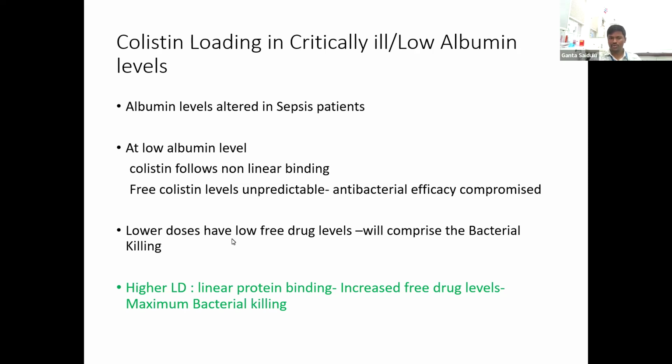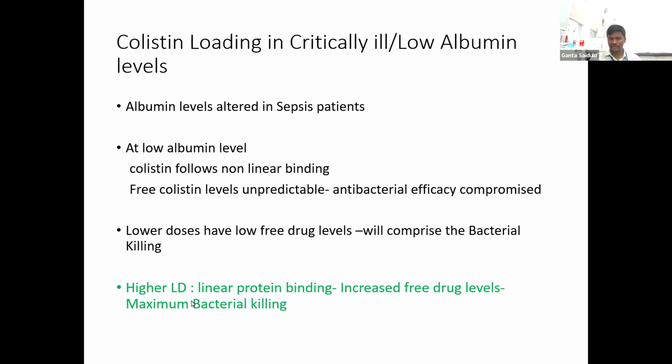So lower doses give lower free drug levels, which will compromise bacterial killing. So we have to give higher loading doses. If you give higher loading doses, it can follow linear protein binding compared to lower doses, because lower doses follow nonlinear binding kinetics and higher doses follow linear protein binding kinetics.